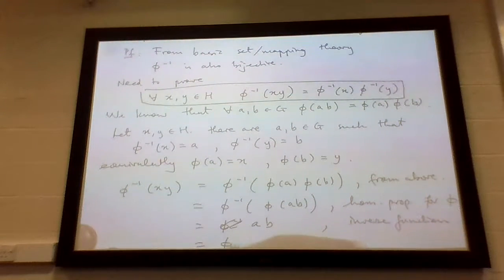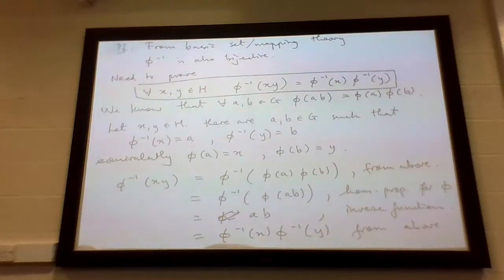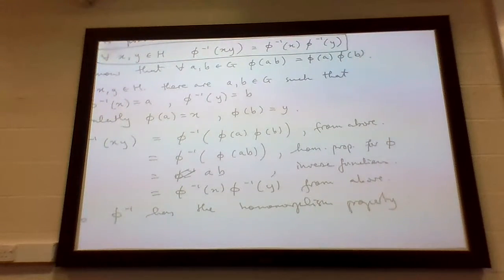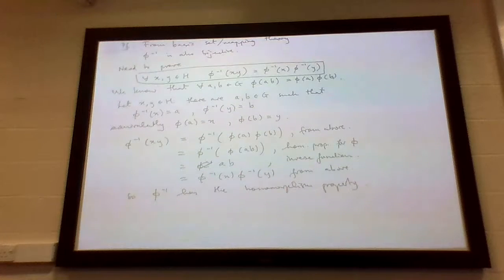And that is phi inverse of X times phi inverse of Y, from above. So phi inverse has the homomorphism property. We've already said it's a bijection, and it has the homomorphism property, so it is an isomorphism.